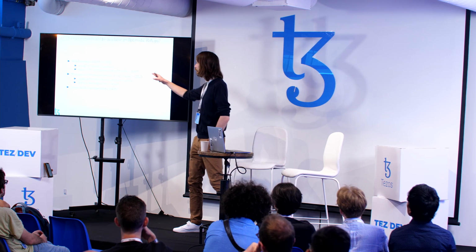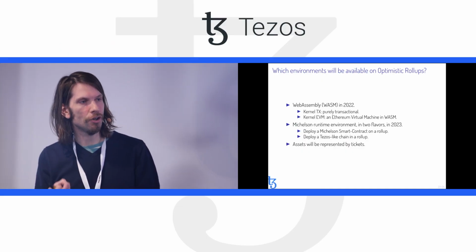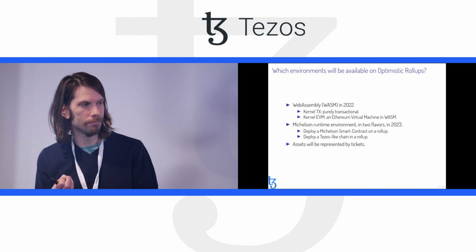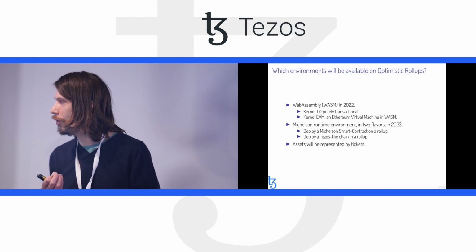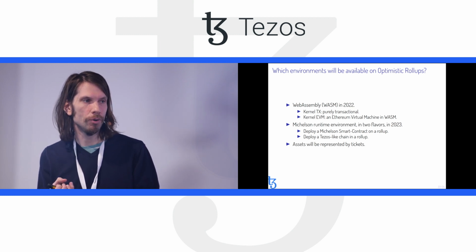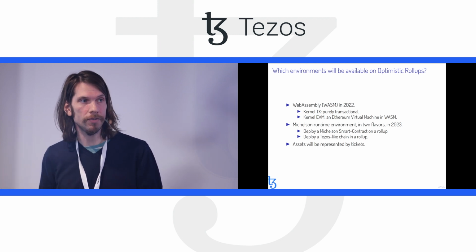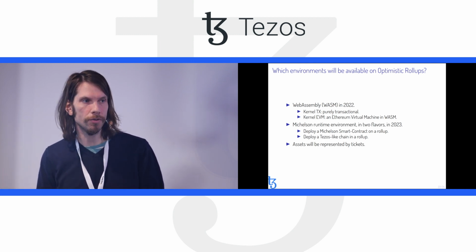You can deploy a Michelson smart contract on a rollup, so the contract effectively becomes the kernel, it becomes the entire rollup. Or you can deploy an entire blockchain inside of the rollup, which has the ability to execute Tezos. So in order to do that, we will put the Michelson interpreter either in WebAssembly or using some other kind of instruction format.